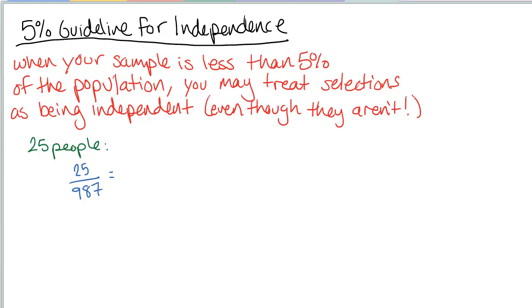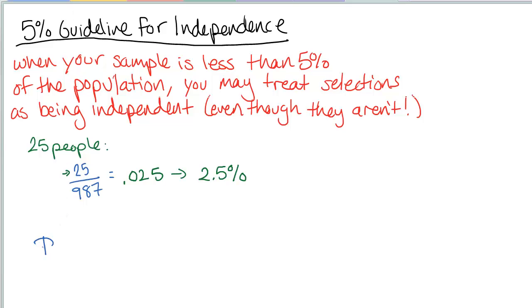So for this one with 25 people we were discussing, I'd say, okay, 25, what percentage is that out of the total number of people we're looking at, or out of the pool? In this case, this is about 2.5%. So since this is less than 5%, we can say, all right, 25 people is small enough that we don't have to worry about the effect of removing each one at a time.